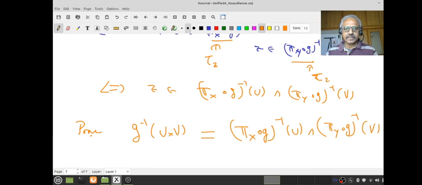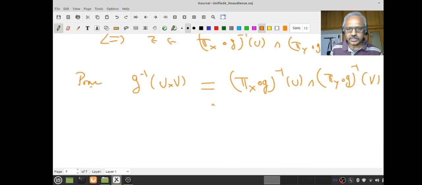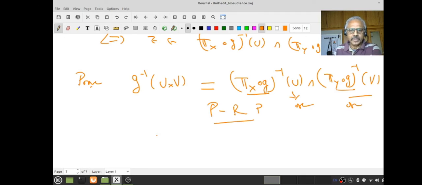That means that the set g inverse of u cross v is nothing other than this set. Okay, pause, review, proceed. And since these are continuous, we know these are open, and therefore the intersection of open sets is open. Therefore we have proved g is continuous.